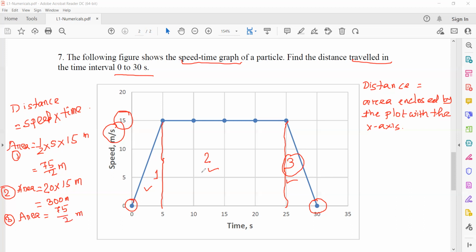meter. So now if you add up all these 3 distances, you can actually calculate how much distance the object has covered between times t equal to 0 and 30 seconds. Okay, so let us calculate this.